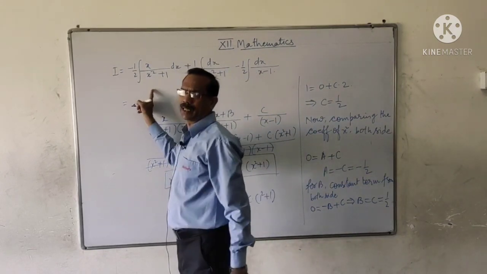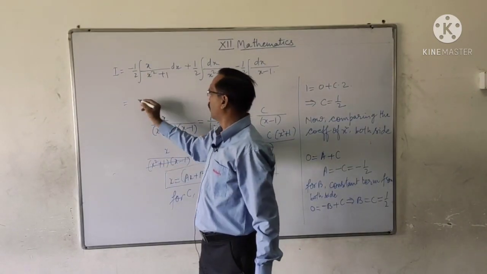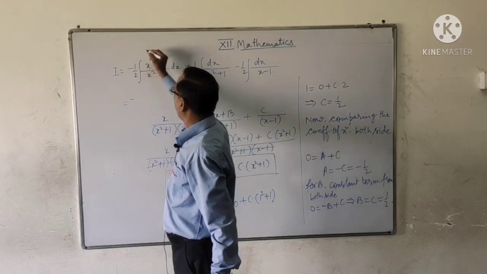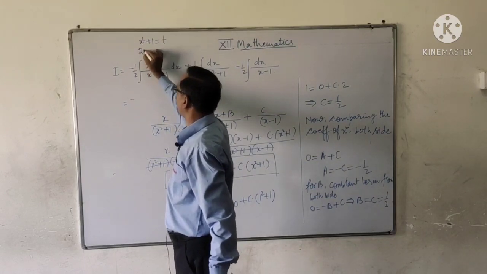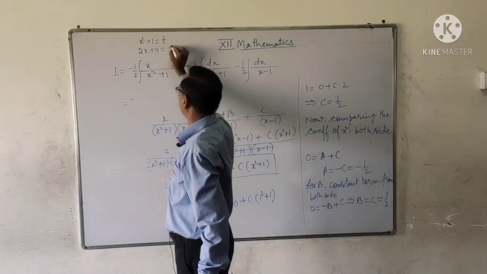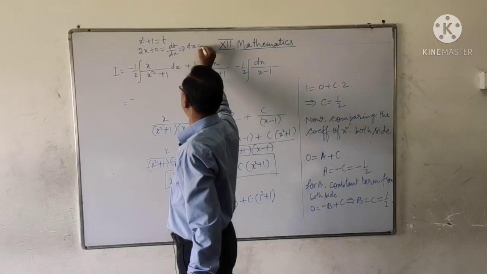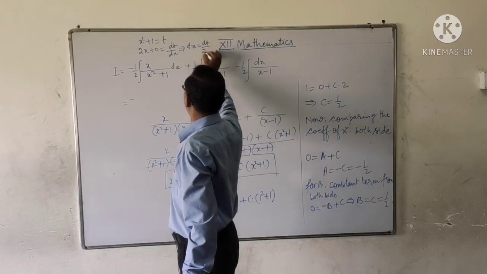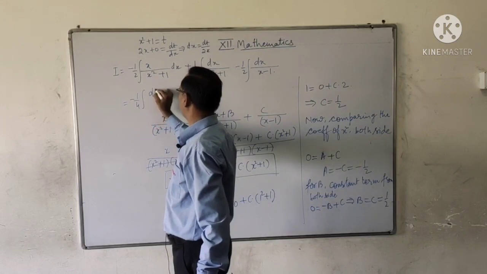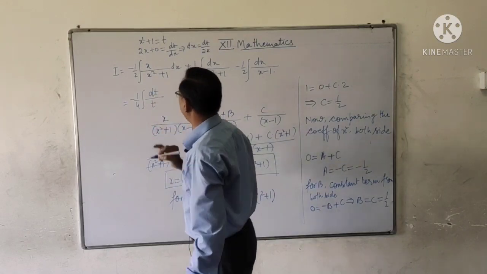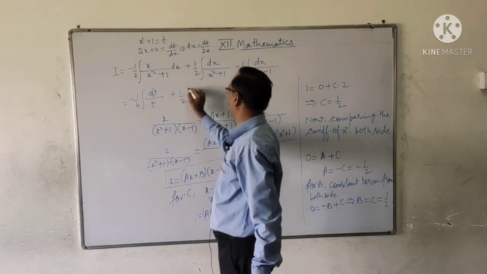In this integration, derivative of x square plus 1 is present, so we will suppose x square plus 1 equal to t, or 2x plus 0 equal to dt over dx. From this we will get dx equal to dt upon 2x. So it is minus 1 by 4 integration dt upon t. Here x cancels out.